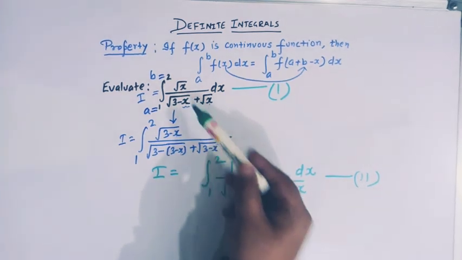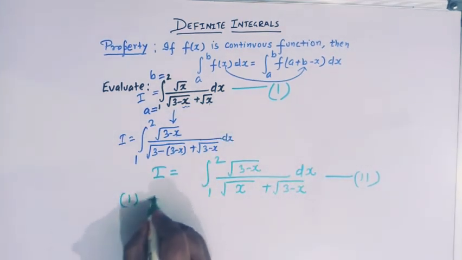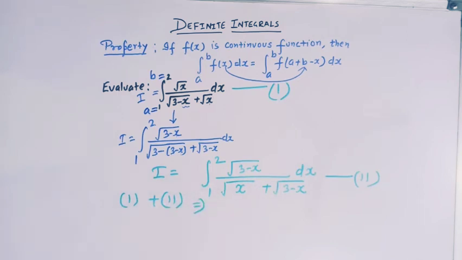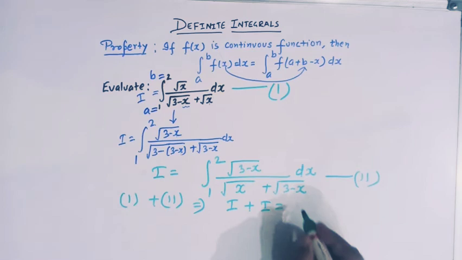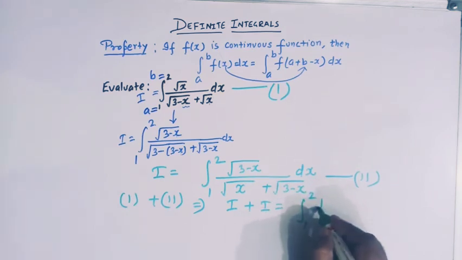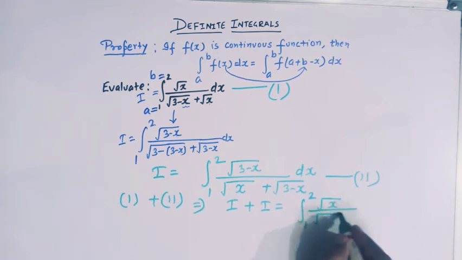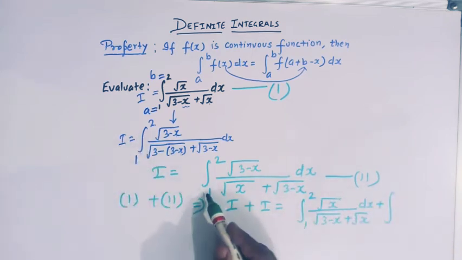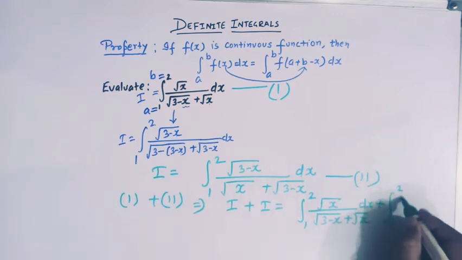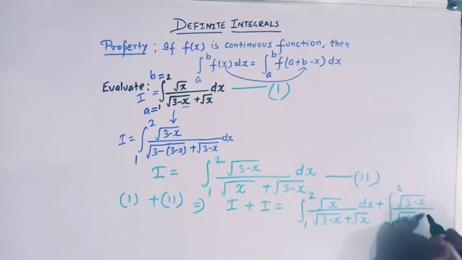If we add 1 plus 2, we get I plus I, and here we have the integral from 1 to 2 of square root of x divided by square root of 3 minus x plus square root of x dx, plus the integral from 1 to 2 of square root of 3 minus x divided by square root of x plus square root of 3 minus x dx.